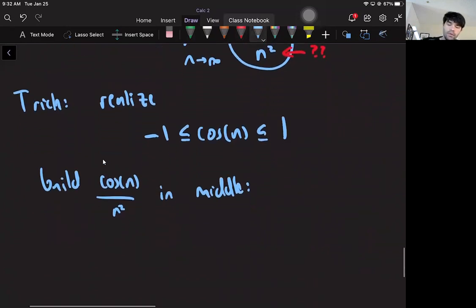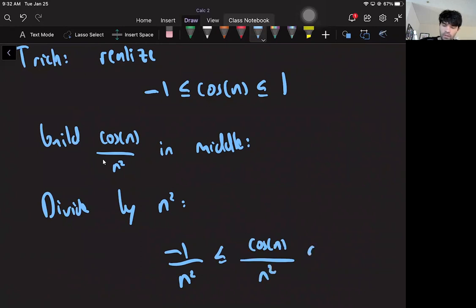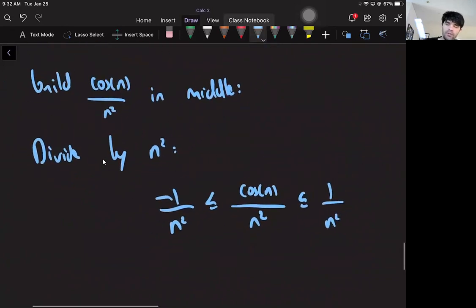n squared. So I'll divide by n squared, and I get -1 over n squared less than or equal to cosine of n over n squared less than or equal to 1 over n squared. And you do have to justify whenever you're dealing with less thans. You have to say, like, why do these stay the same direction?